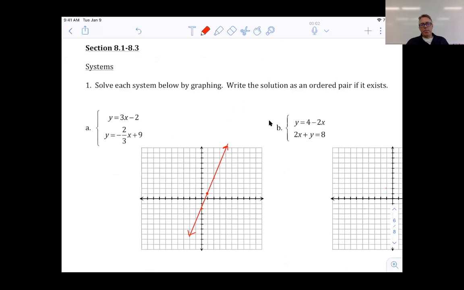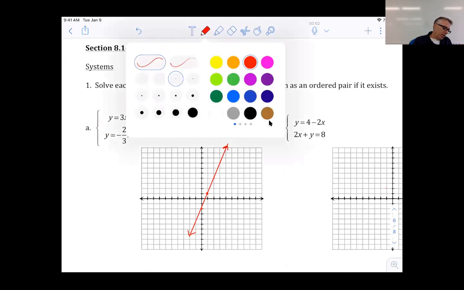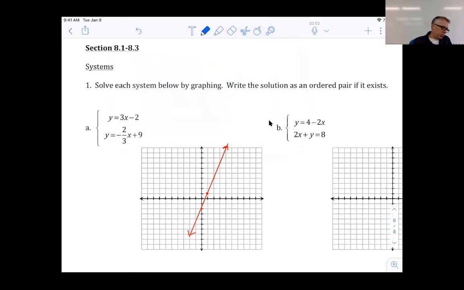Any point on that line satisfies this equation. If you took the coordinates of anywhere along that line, it's going to make that a true statement. But I'm also going to graph this one in blue and see if they intersect. I have a y-intercept of 9 and a slope of -2/3.